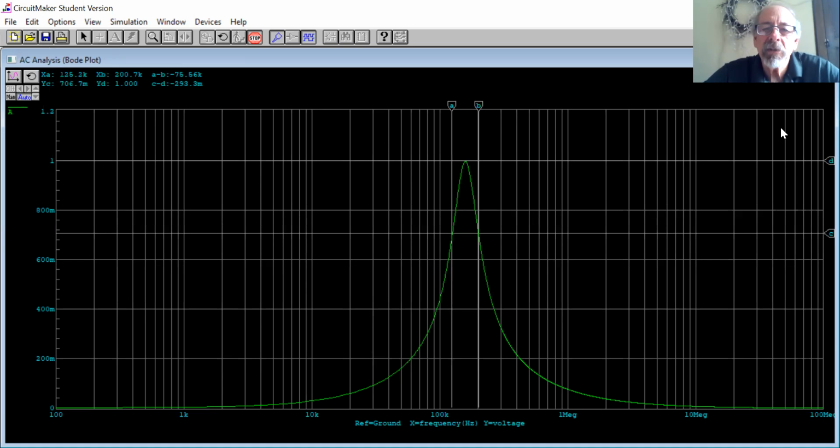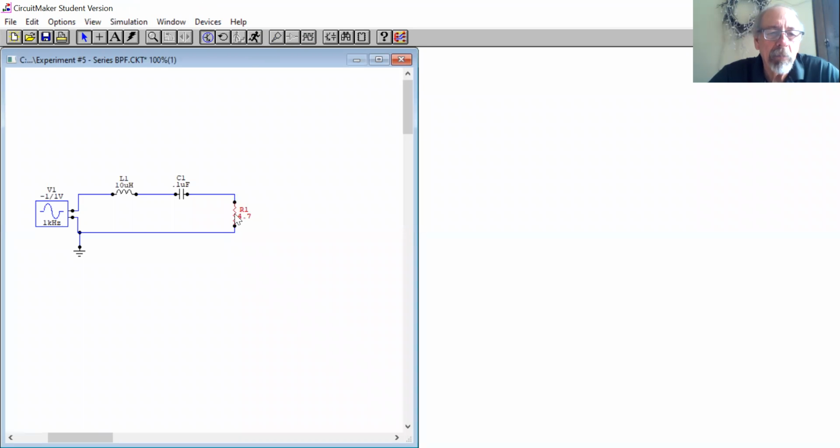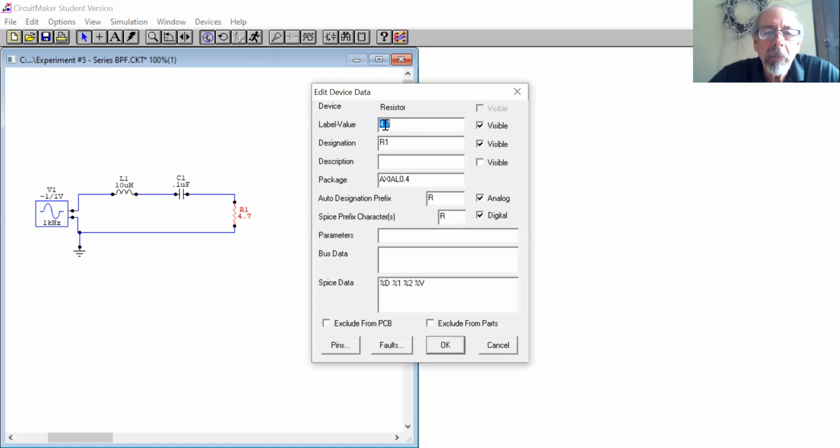And I could keep doing this. Let's do one more while we're at it. Let's change this guy to 0.47. And let's see what happens here. If I make this 0.47, now the Q should be up by a factor of about 20.